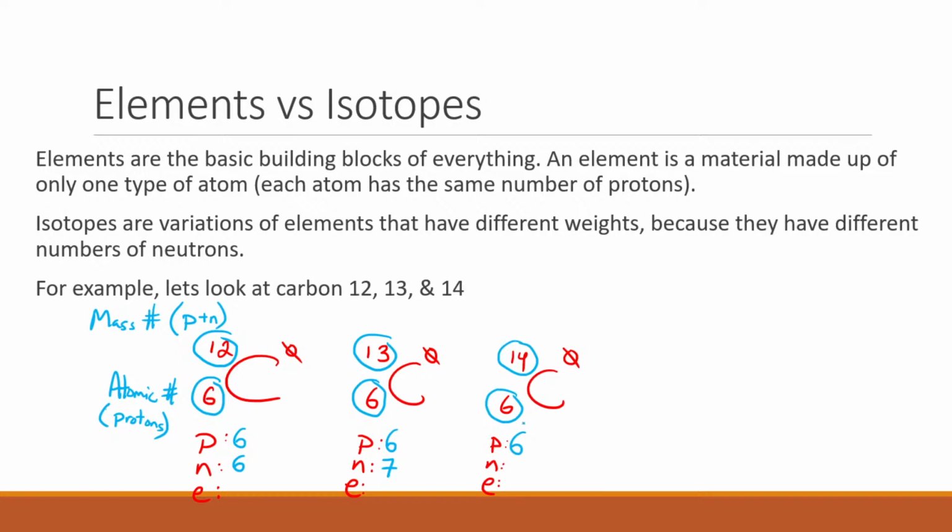And in our last one, 6 plus 8 gives us 14 total. We also remember that this number in the upper right-hand corner is our charge, which is equal to protons minus electrons. These are all 0 charge, meaning that each of them has 6 electrons.